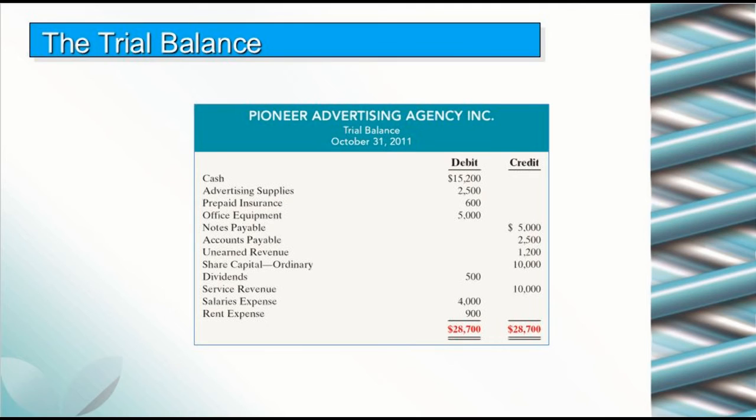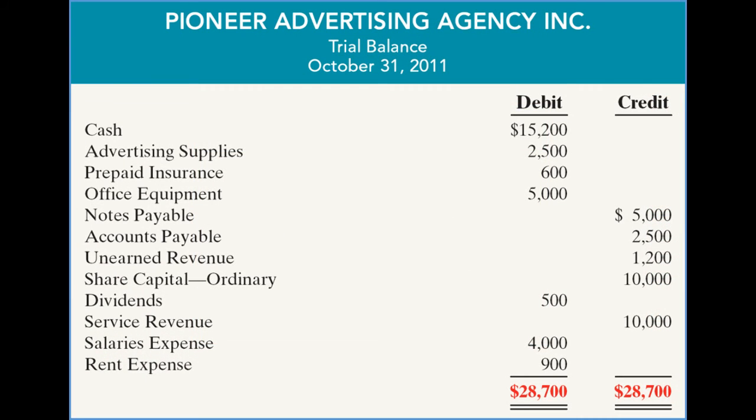They list accounts in the order in which they appear in the ledger. Debit balances appear in the left column and credit balances in the right column. The primary purpose of a trial balance is to prove or check that the debits equal the credits after the posting process.